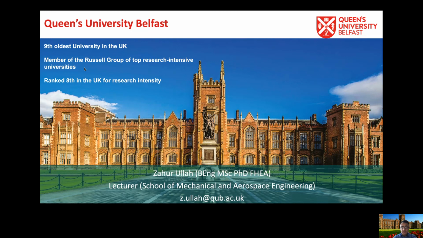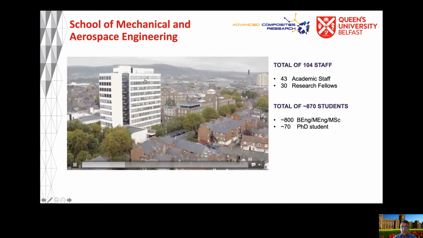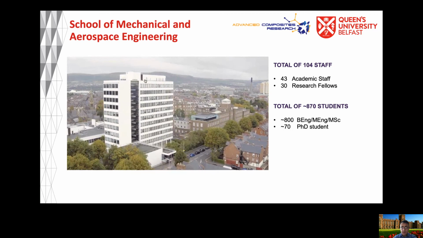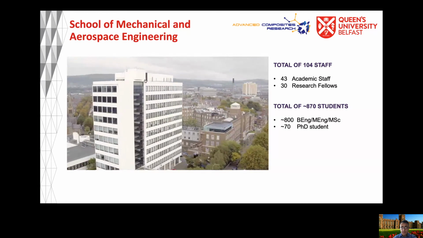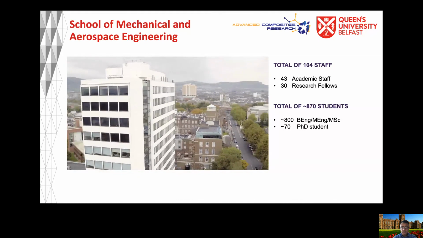I'm working in the School of Mechanical and Aerospace Engineering, which is this white building in the middle, with a total of 104 staff, including 43 academic staff and about 30 postdoc research fellows.